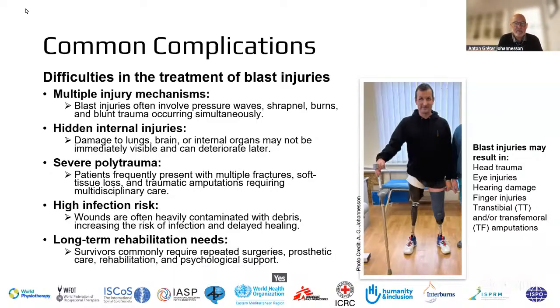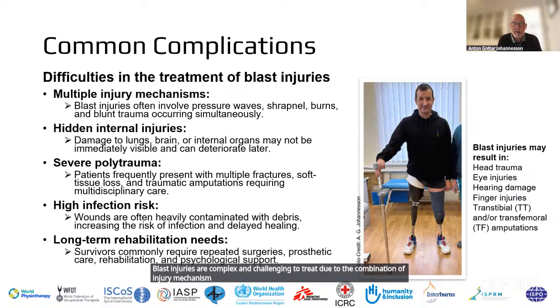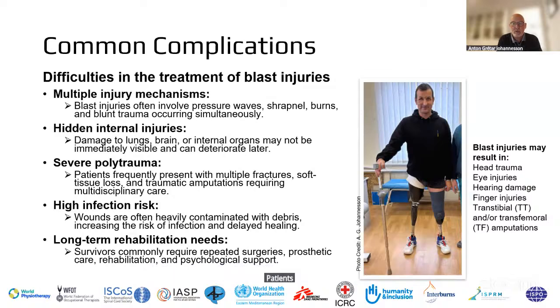Blast injuries are complex and challenging to treat due to the combination of injury mechanisms. Patients are often exposed to pressure waves, shrapnel, burns, and blunt trauma at the same time.